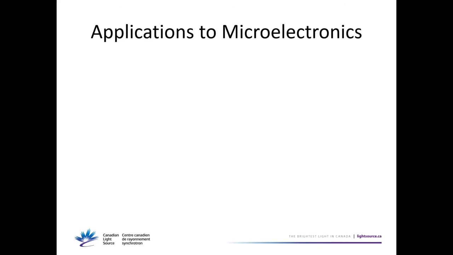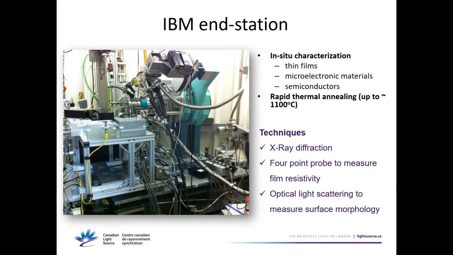So I'll now present some examples in microelectronics. In Brockhaus, we have quite a unique station that was designed by IBM to study microelectronic films. This station allows them to do X-ray diffraction while they heat up to 900 degrees C, while they measure the resistivity with a 4-point probe on the sample.